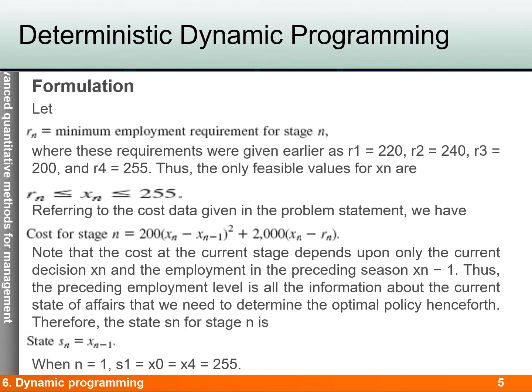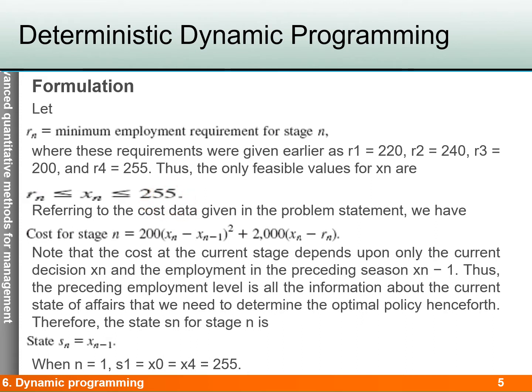As you see, these requirements are R1 220, sorry, R2 240, R3 200, and R4 255. And we show these minimum employment requirements for stage n with Rn. So the Xn can have a number between Rn, that is the minimum requirement, and 255.